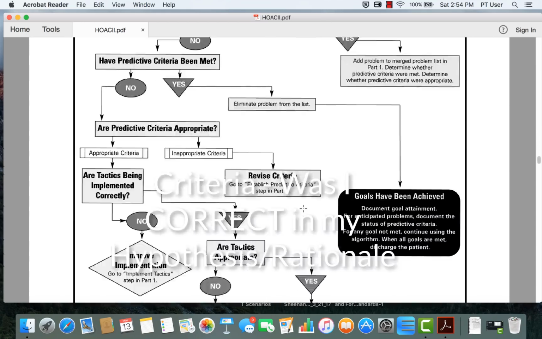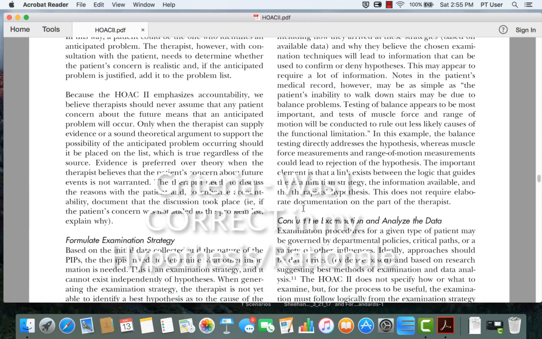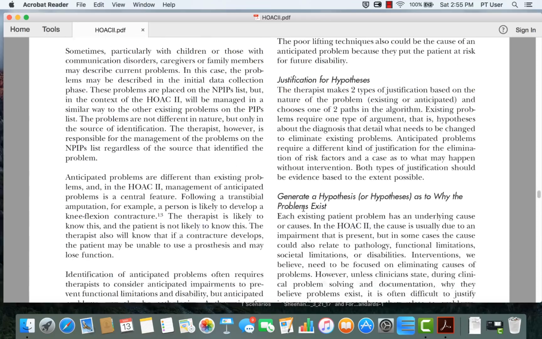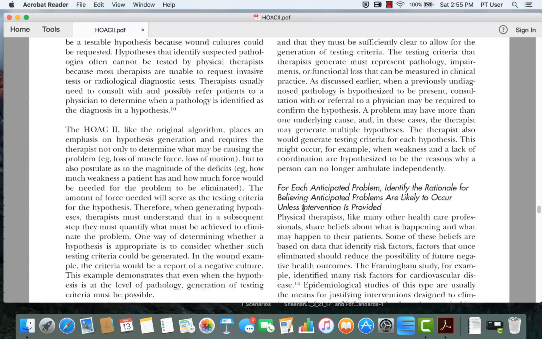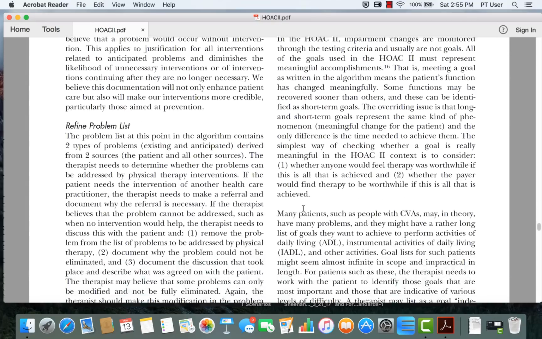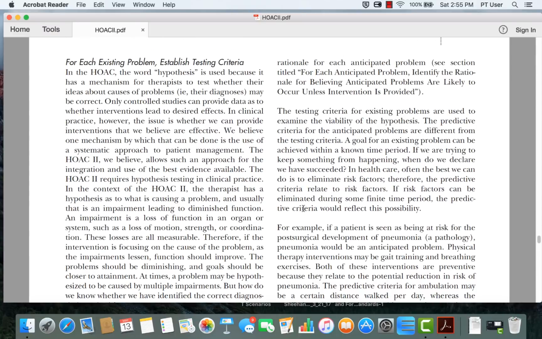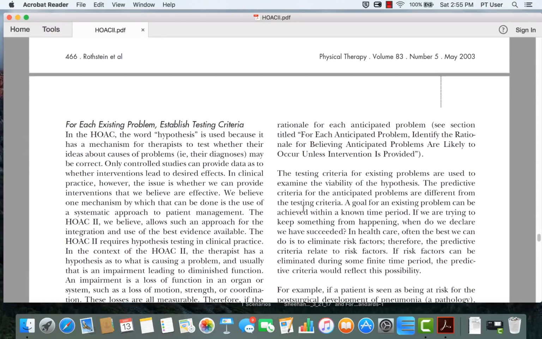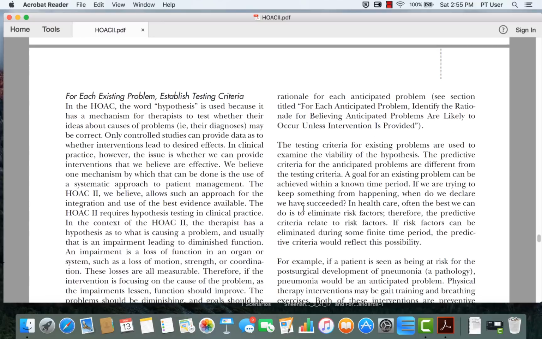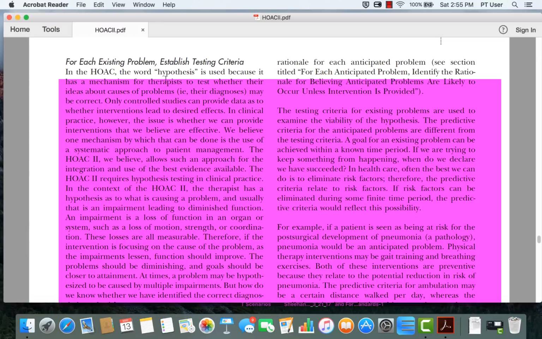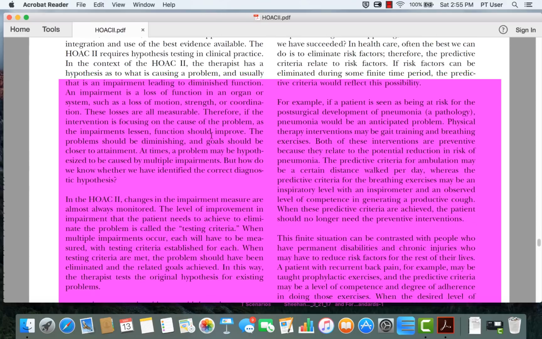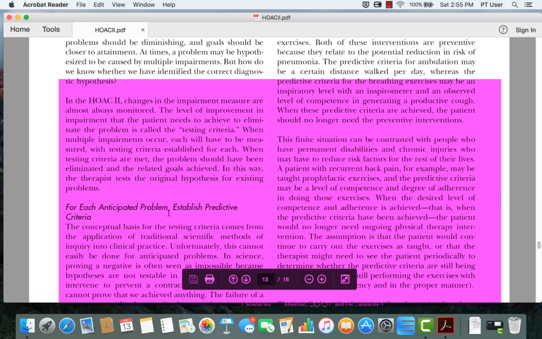What I would encourage you to do is, I'm going to scroll down, but they give a nice description. I'm going to scroll a little bit quick here. Starting at the top of page 467, they give a good description of establishing testing criteria and then a good description of establishing predictive criteria.